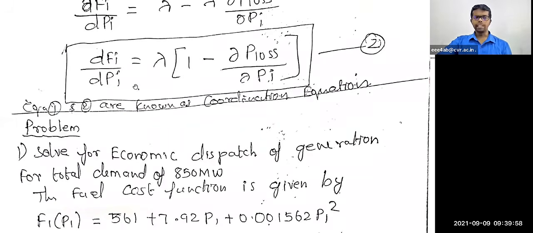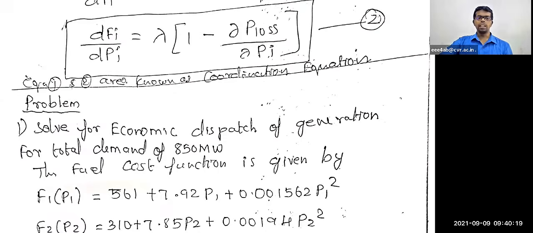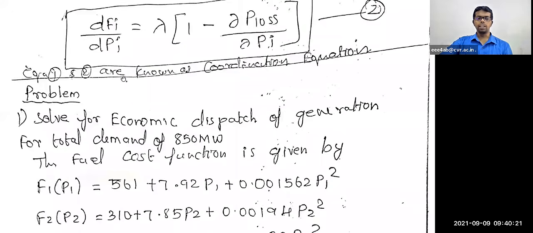Because for simplification: if it is a lengthy equation, there is a chance for mistakes while differentiating. To avoid any confusion and mistakes, we are solving by using this method, first differentiating with respect to the first, second and third generating units.